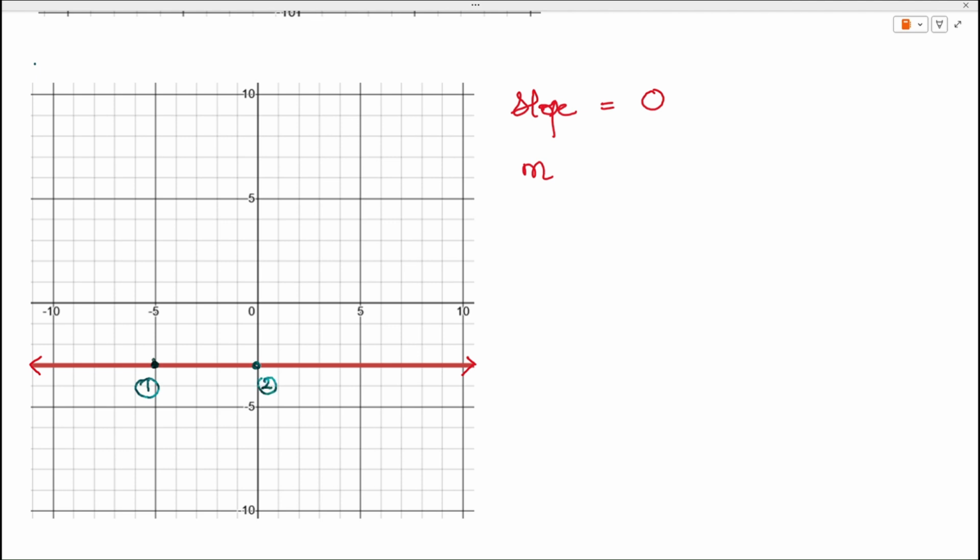Now, how much do we need to go up or down? We are not moving up or down at all. So our rise is 0. And how much is the run? Run is 1, 2, 3, 4, 5 on the right. So 5 positive. 0 divided by any number is going to give you 0. So the slope of this horizontal line is just 0.